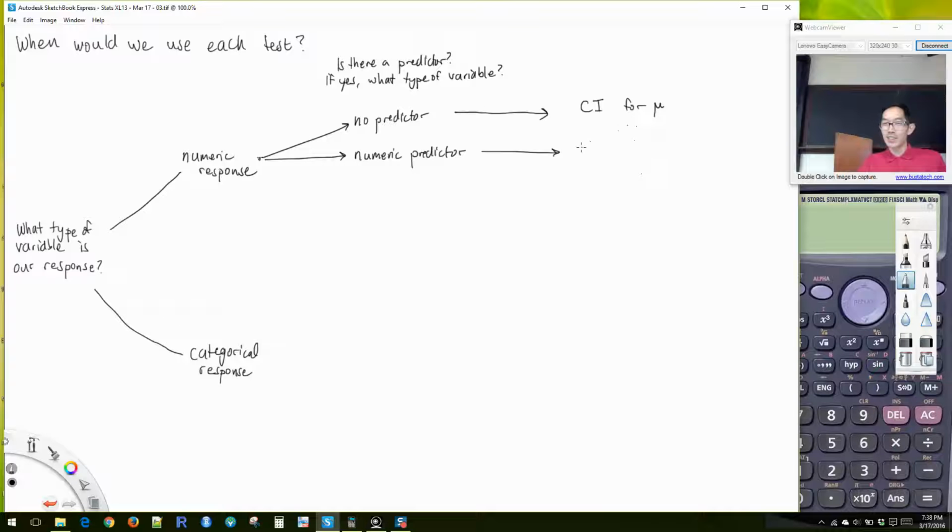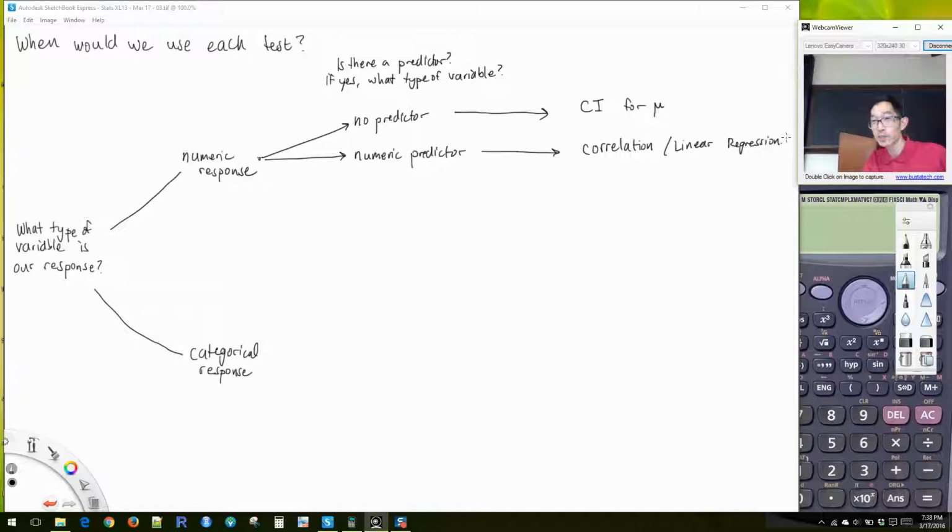Let me just give you the answer. This is what we covered last week: correlation and linear regression. We have a numeric predictor x variable and a numeric response, our y variable.